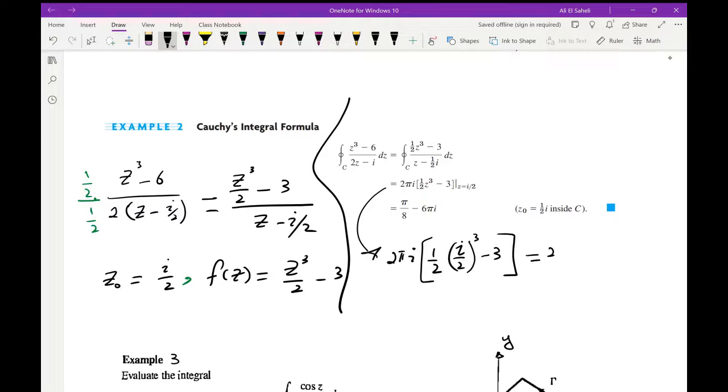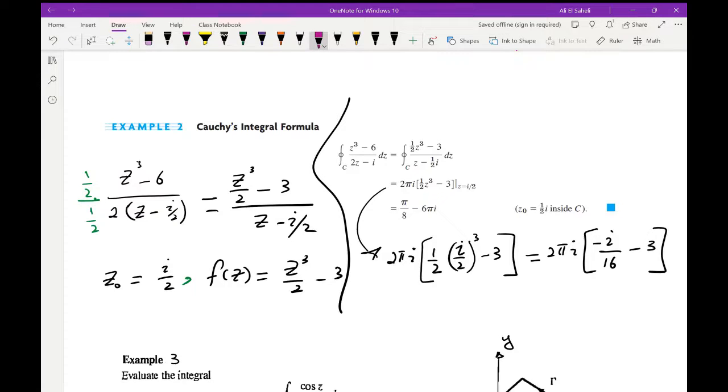So this is 2 pi i cubed is minus i, and 2 cubed is 8 times 2 is 16 minus 3.